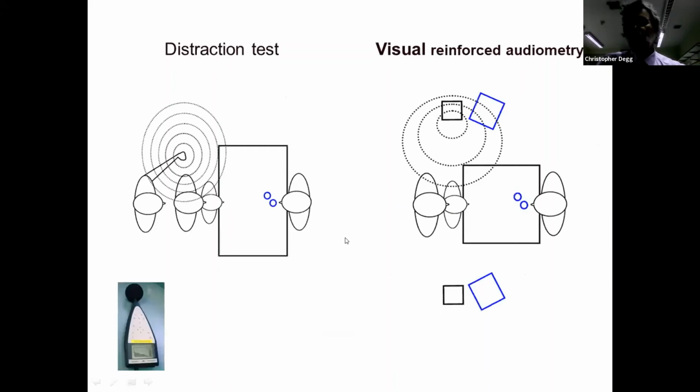With very young children or babies, we can play a calibrated sound source and look for the baby to make a response, either turning for the sound or turning to look at toys in response to sound.